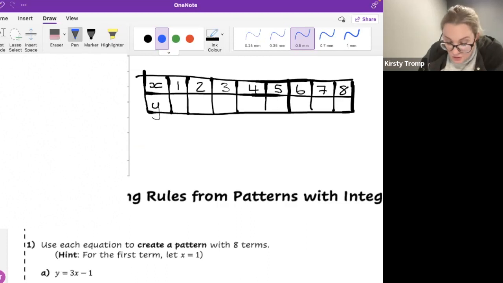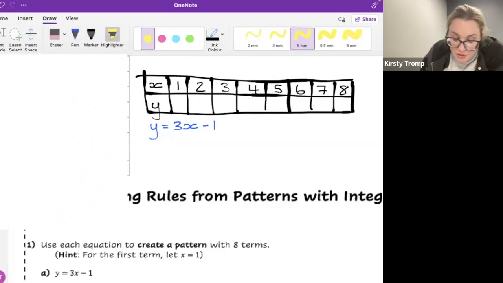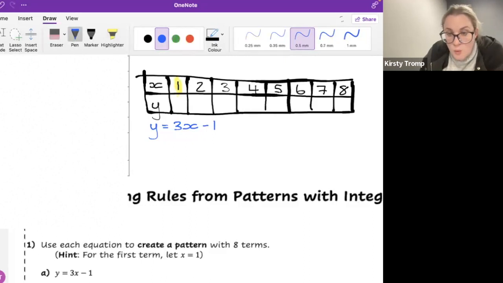Now, my rule is y is equal to 3x minus 1. For the first one, they've told me that x is equal to 1. So instead of seeing x, I'm going to put in a 1.